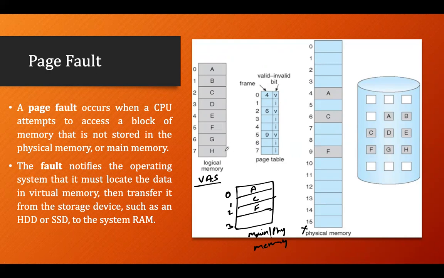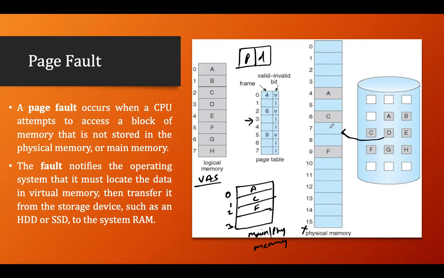Now, if we are demanding a page, let's say page number 3, and page number 3 is invalid, it will contact the secondary memory and this invalid page will be loaded. So D will be coming into the space here.